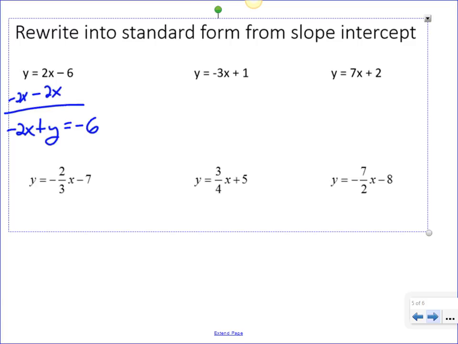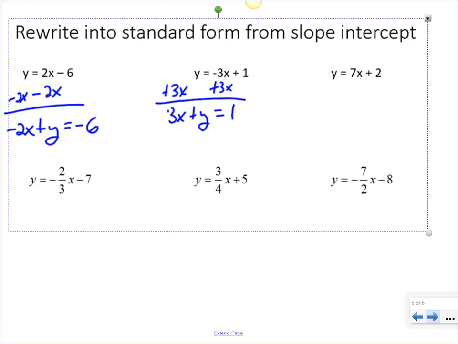Okay, for this next one, to get these x's to the other side, I would add 3x. Since there's no other x's on this side, I would just have 3x. I'd still have plus y equals 1.